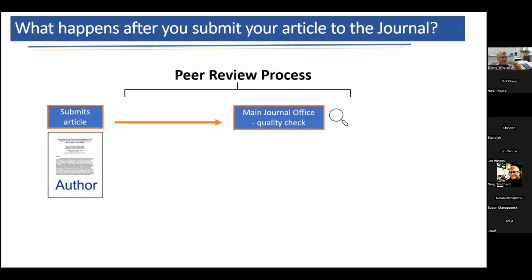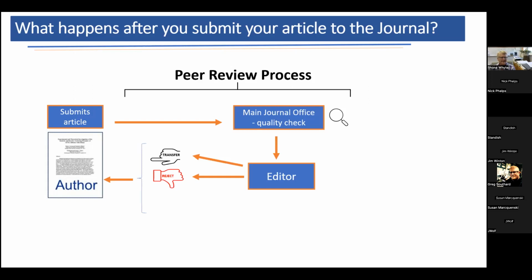So the first thing that happens is that you submit it to the journal office, and the journal office generally does a journal quality check. So I'll talk about the specifics of what they do, but generally for completeness, English, plagiarism, does it fit with the scope of the journal? They then send it to the editor or have a conversation with the editor about whether it's appropriate to go forward into the process.